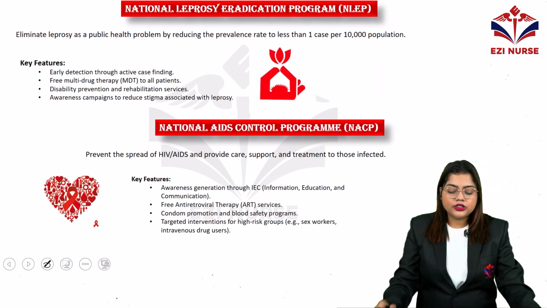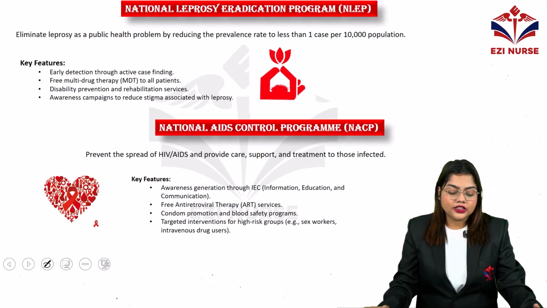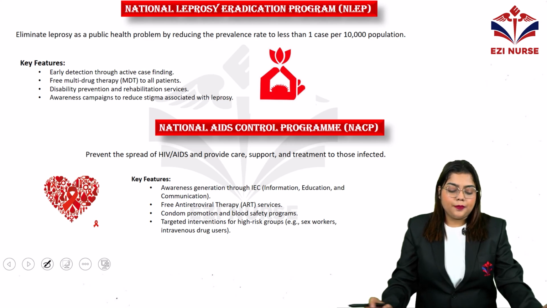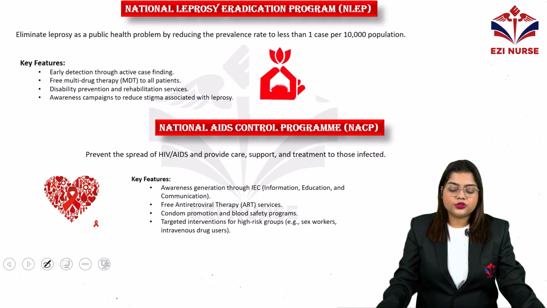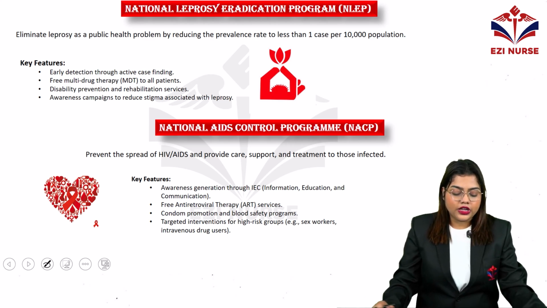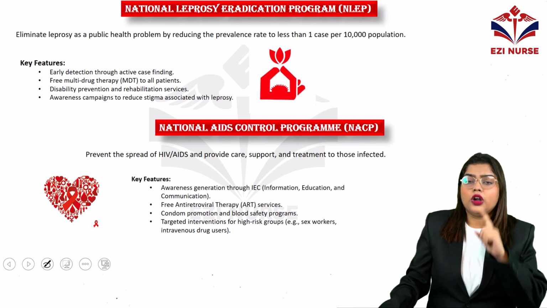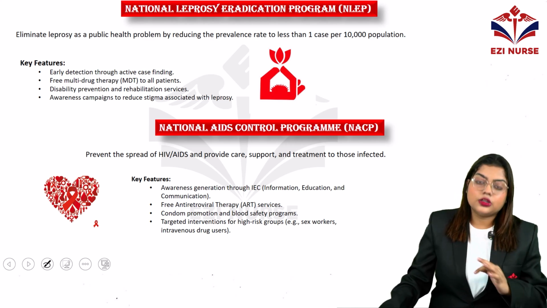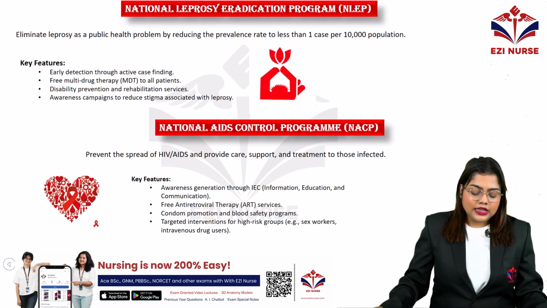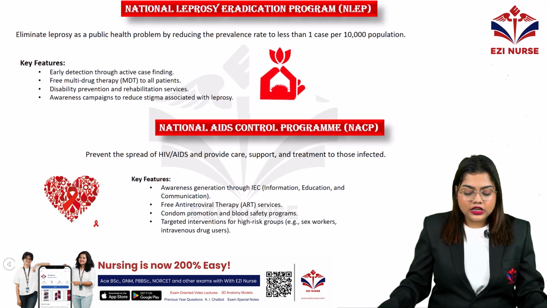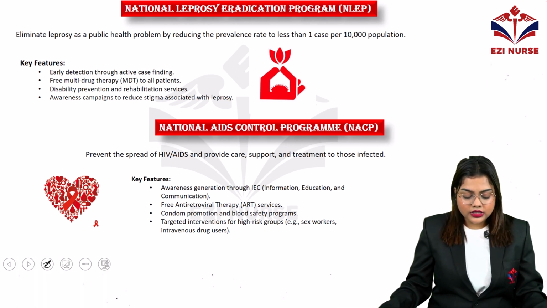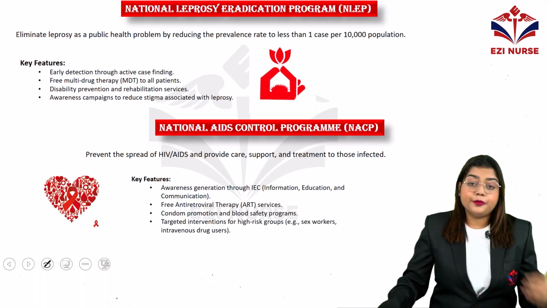Next we have the National Leprosy Eradication Program, which aims at eliminating leprosy as a public health problem and reducing the prevalence rate to less than one case per 10,000 population. Okay, and what are the key features they have been maintaining?